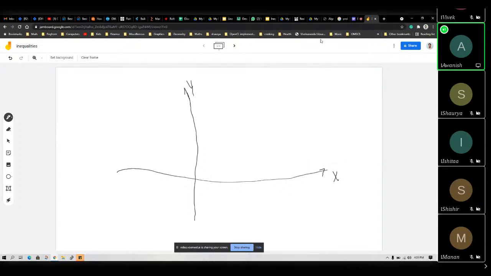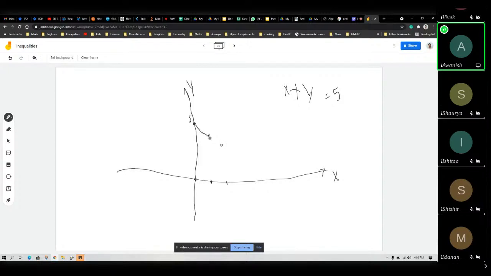So when we say x plus y equal to 5, let's write down here x plus y equal to 5. What does it denote? When x is 0, what is the value of y? 5. When x is 1, what is the value of y? 4. Correct? When x is 2, value of y will be 3.